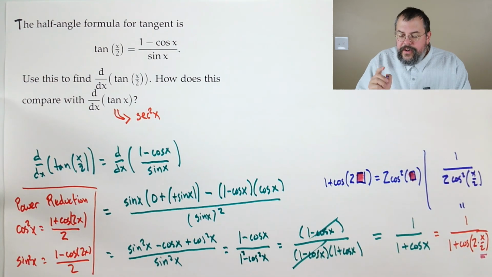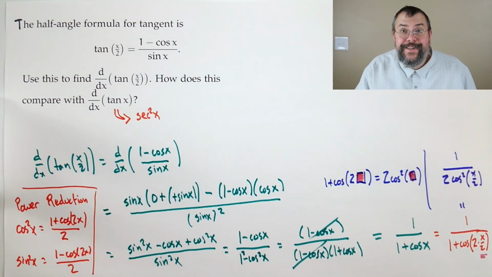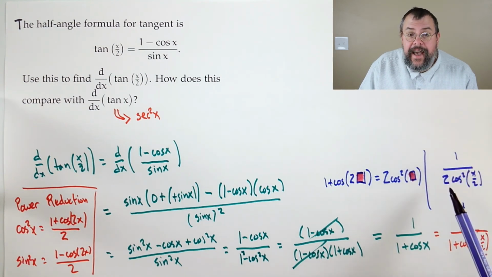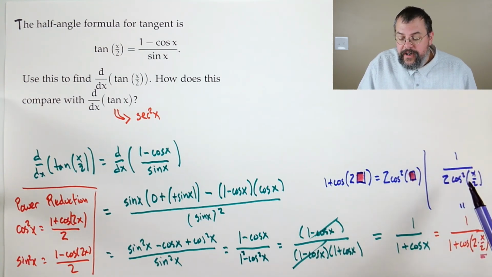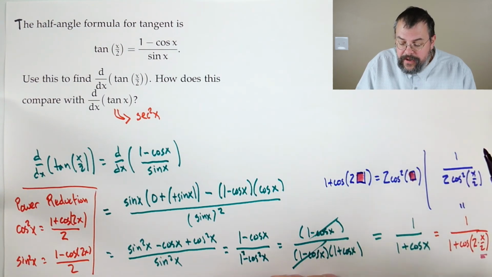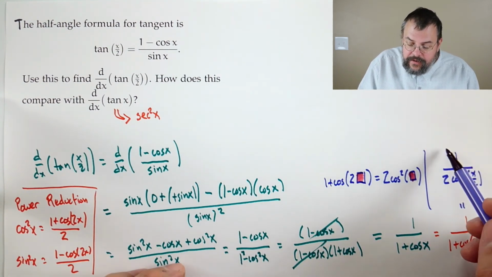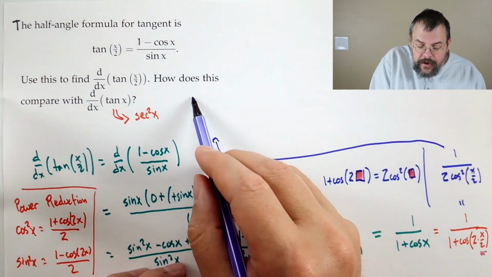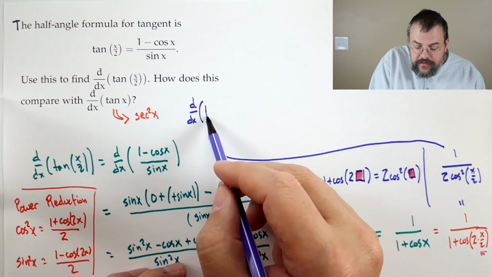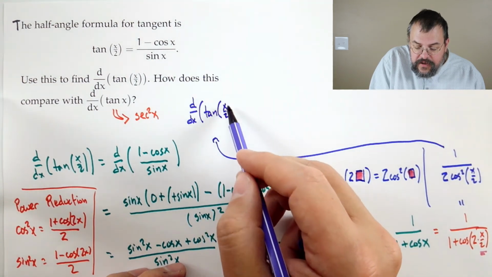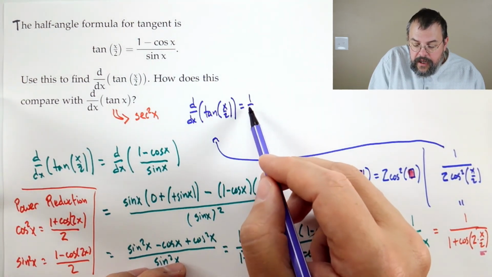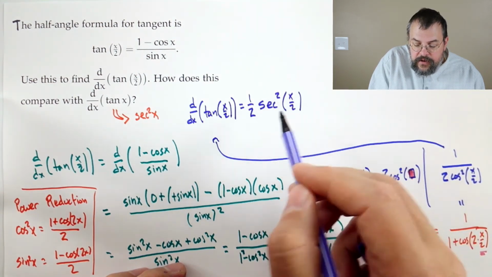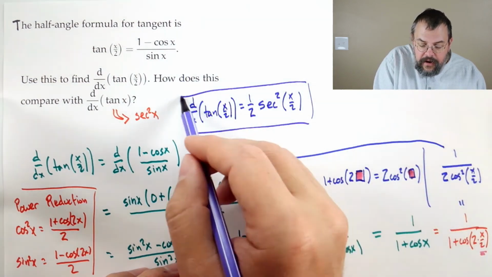And now you're like, hey, I see what that is. That 1 over 2 is a half. 1 over cosine squared is secant squared. In fact, it is secant squared. So we can say that the derivative of tangent of x over 2 is 1/2 secant squared of x over 2. And that's our answer.